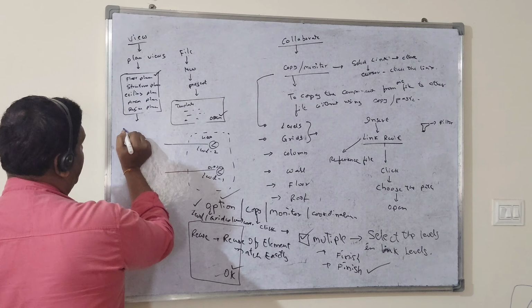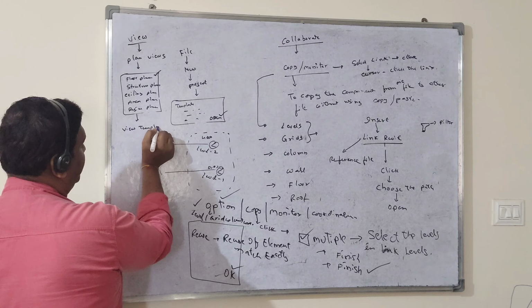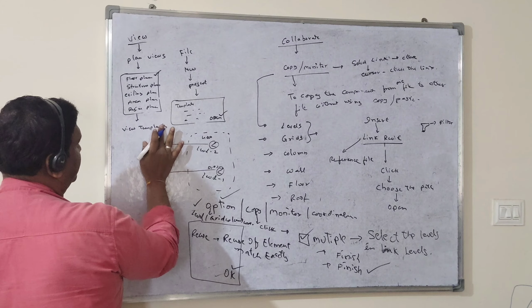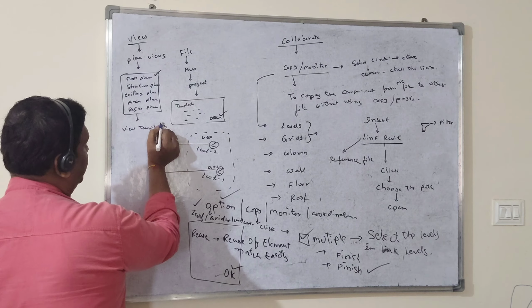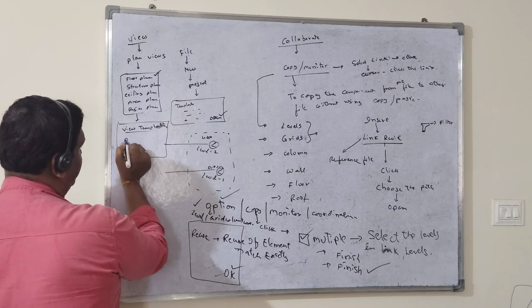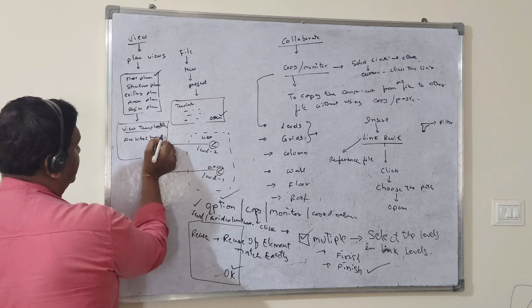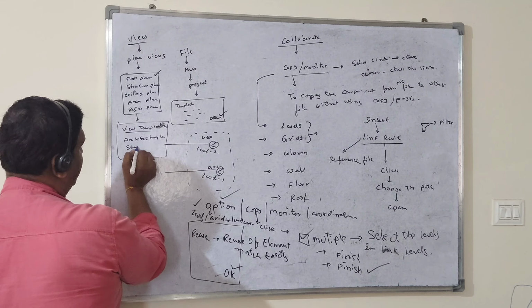Again you have to go and select the view template. Here one more palette will come, and in that palette it will be written as view templates. In this palette you have to select the view template. In view templates also, as I already told you, there is an architecture plan and a structural plan.